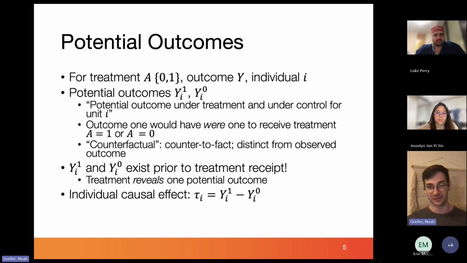Why is it so important to reveal one? Well, we can define the individual causal effect, which is to say the causal effect of the treatment for an individual, as the difference between that individual's potential outcomes.